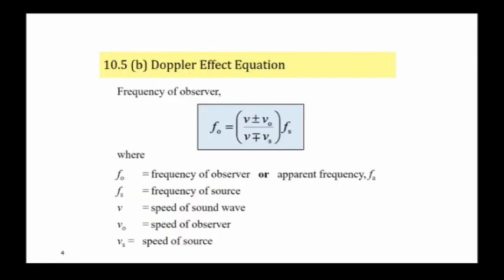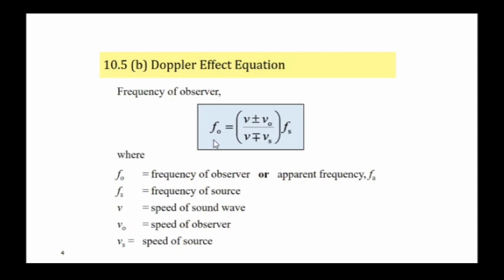Remember that? Okay, next. So this is the equation for the Doppler effect. As you can see, we use this equation to find the frequency of the observer, f_o. The equation that you have to memorize is f_o equals (v plus or minus v_o) over (v plus or minus v_s) times f_s, where f_o is the frequency of the observer or apparent frequency, and you can also write it as f_a.